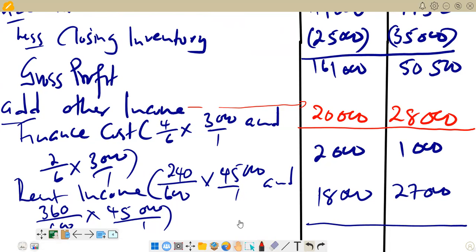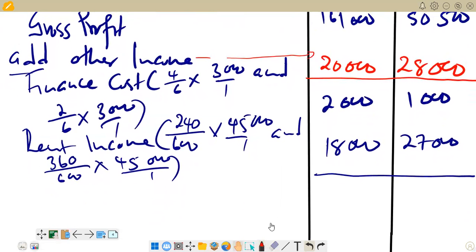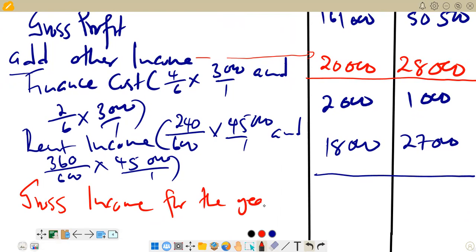Then we now add the gross profit to the other income figure that we have, and the figure that we get here is called gross income for the year. So to get the gross income for the year, we say gross profit plus other income. So we get 161,000 plus 20,000. You're going to get 181,000.